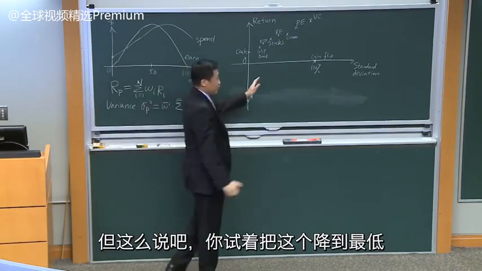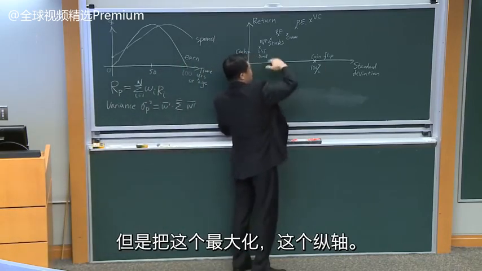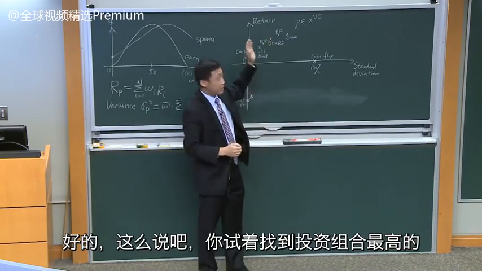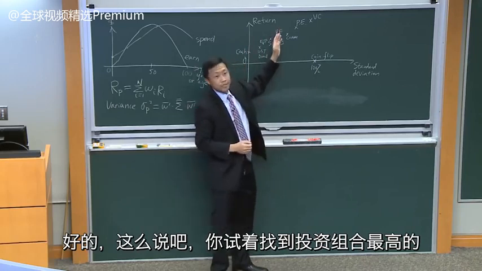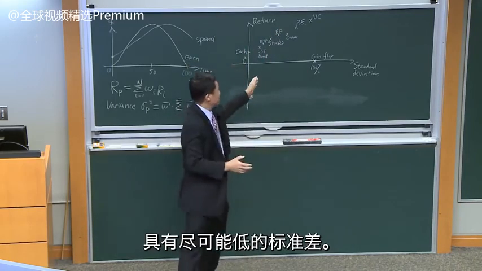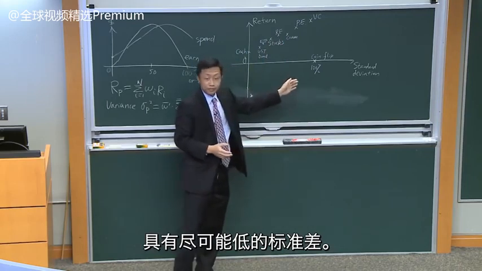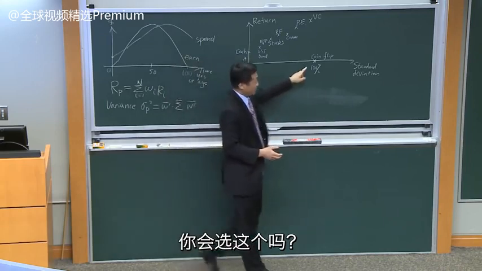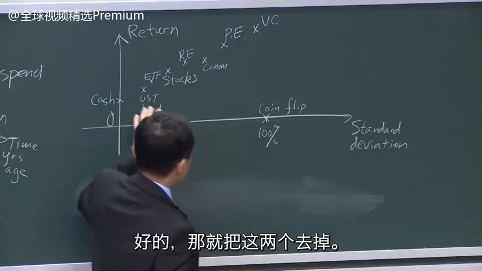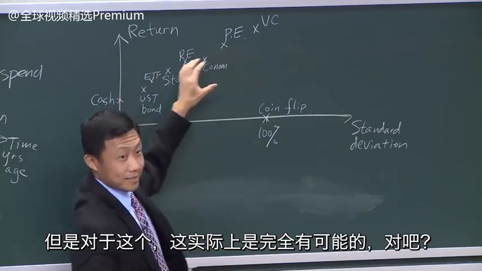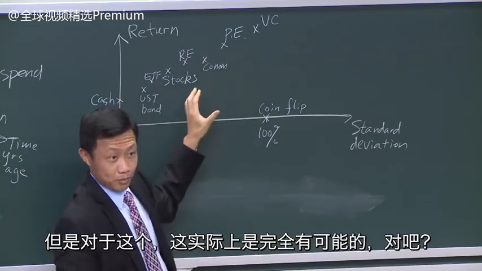But let's just say you try to minimize this, but maximize the vertical axis. So you try to find the highest possible return with the lowest possible standard deviation. Will you pick this one? Will you pick this one? Then eliminate those two, but for this, that's actually all possible, right?